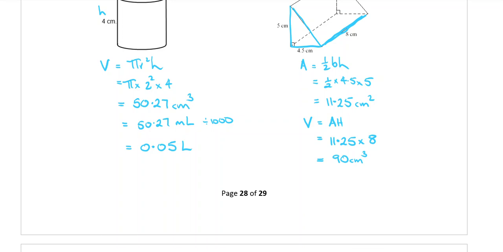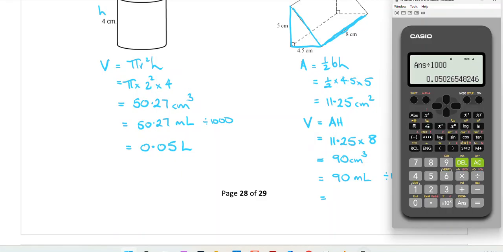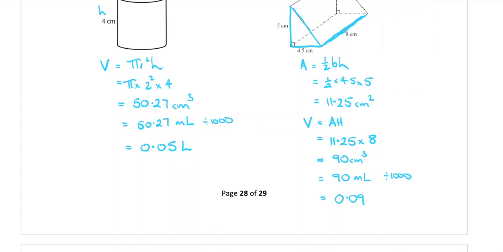But now I have to turn that into capacity. Centimeters cubed are exactly the same as milliliters. Then to turn it into liters, divide it by 1000. So 90 divided by 1000 is 0.09 liters.